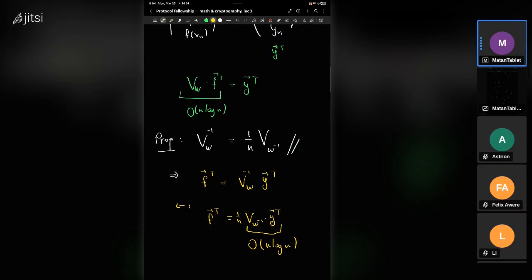So if you give me the sampling representation, namely W and Y, then I take W minus 1, which is also a primitive root of unity, and I calculate in n log n with the same algorithm, and I get the vector representation F. So we have exactly what we wanted.